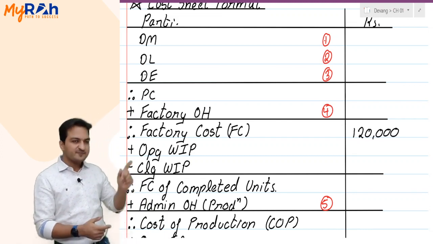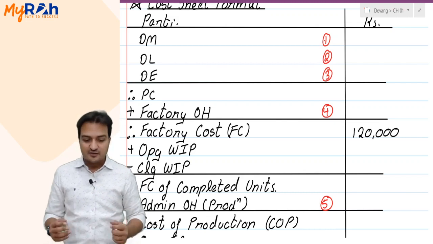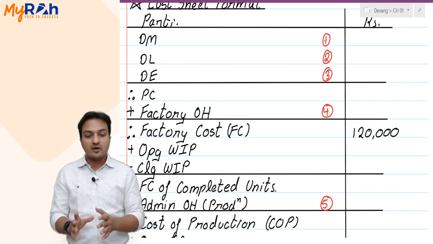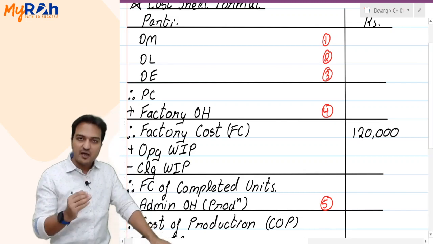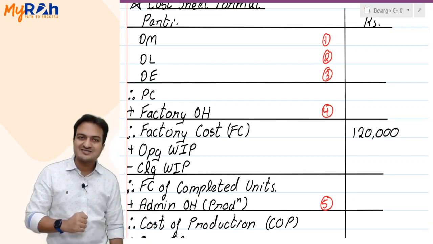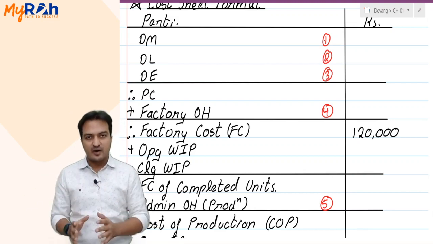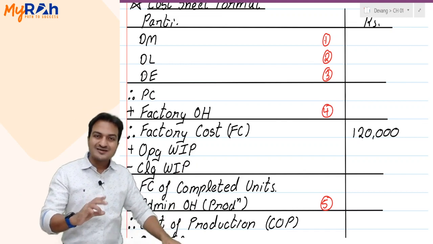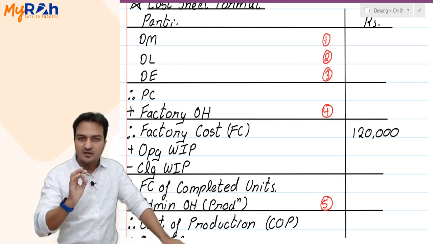But after spending that 1,20,000 rupees in my factory, is it necessary that all the production units that I started were fully completed? Not necessary. There might remain some units incomplete by the end of the year. Like as on 31st March, whatever cost I have incurred might not be incurred towards completed units. There might be some units which have remained incomplete.